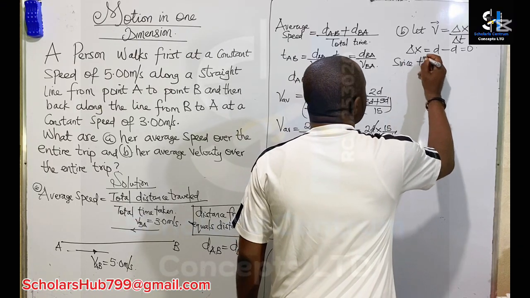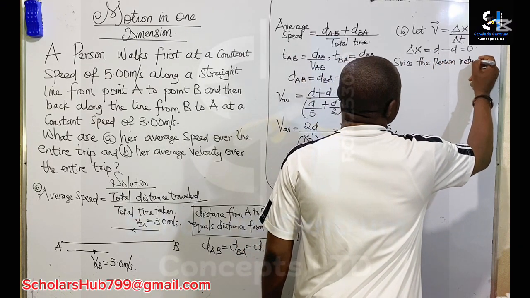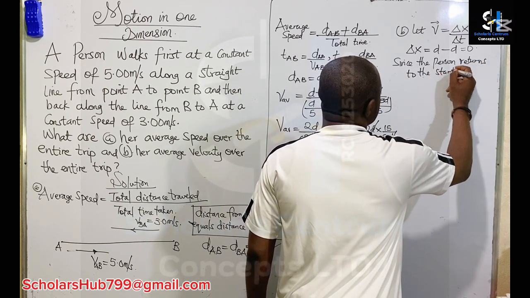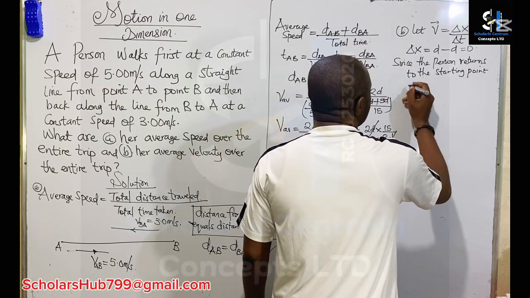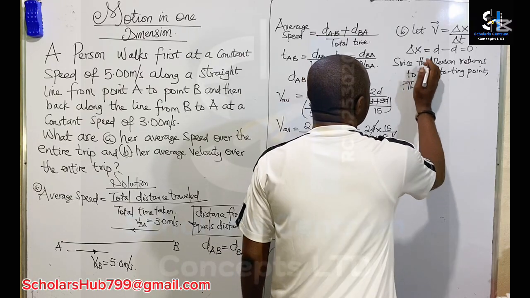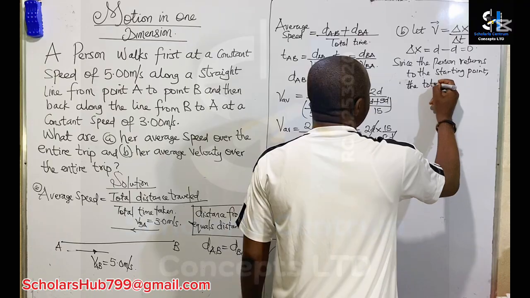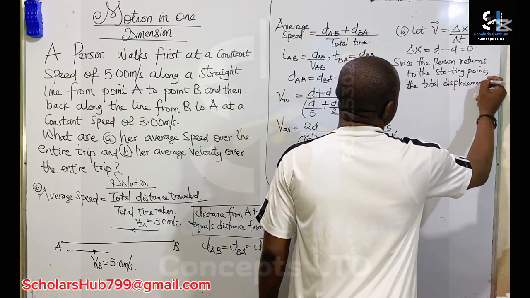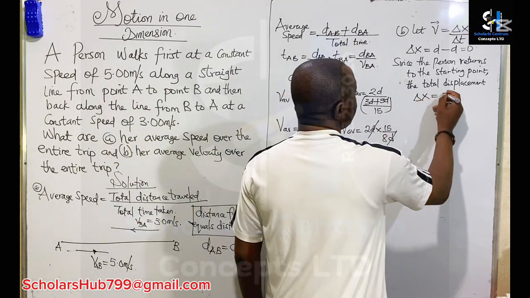Since the person returns to the starting point, the total displacement, which is the change in position, will be equal to 0. Therefore, the velocity V will be equal to 0.